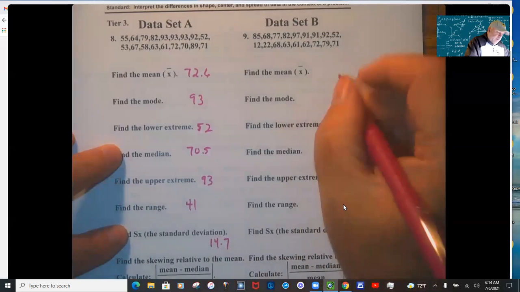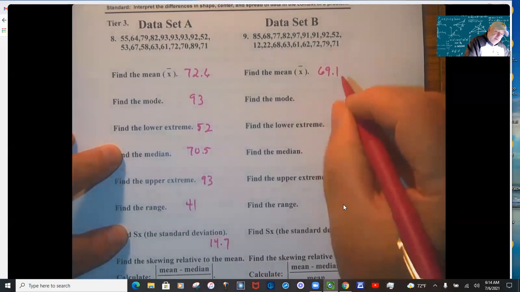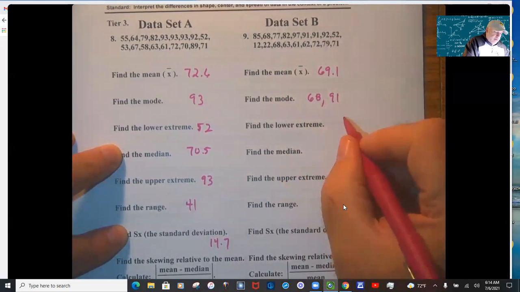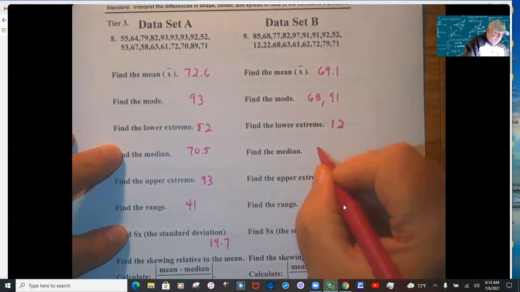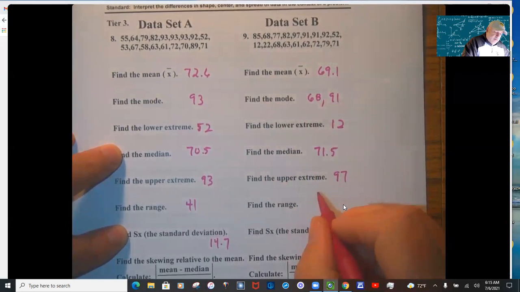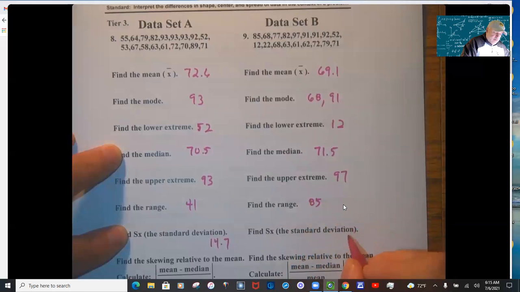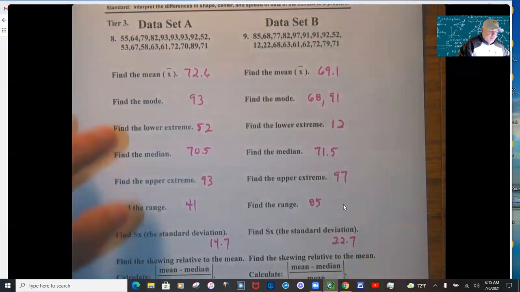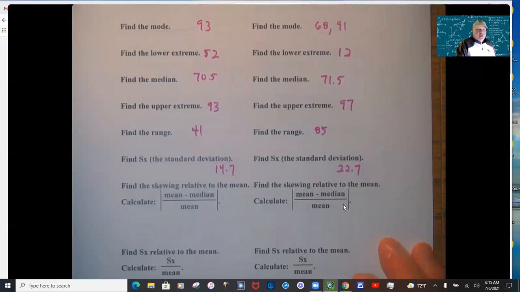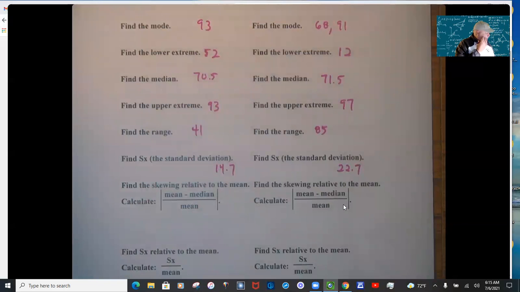When you enter these in, you just hit clear. 91, this is 12, 71 and a half, 97, 85, and 22.7. You need to get all that data correct so that you can answer problem 9, because we're really building towards problem 9.